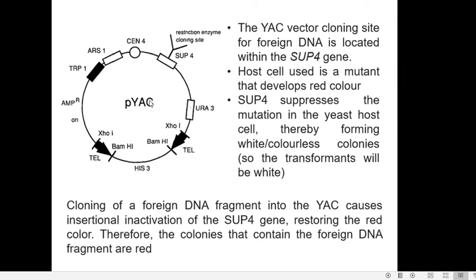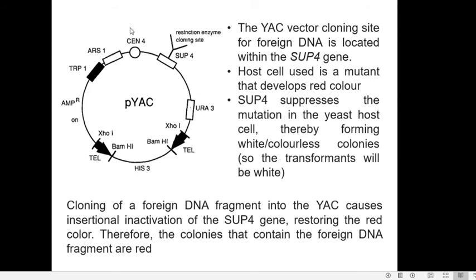Now, the host cell which you use also has one more peculiarity. Apart from being an auxotroph which lacks the ability to synthesize tryptophan, it has one more mutation. Because of that mutation, it will develop red color. So the host cell which you use is a mutant that will develop red color on growing.